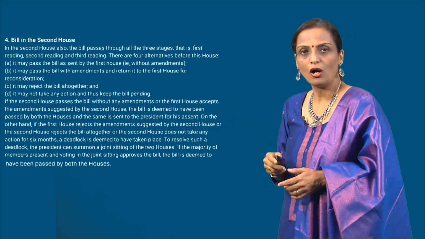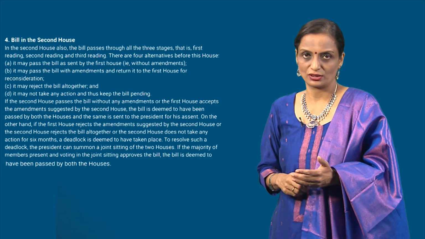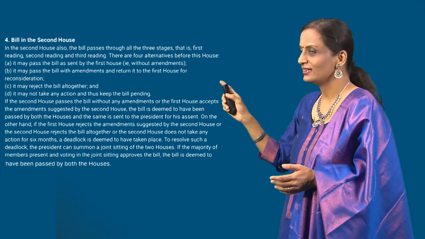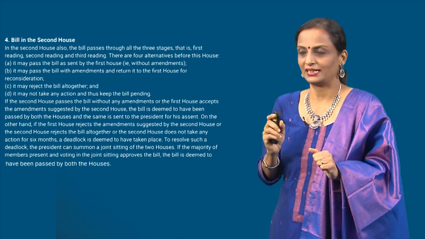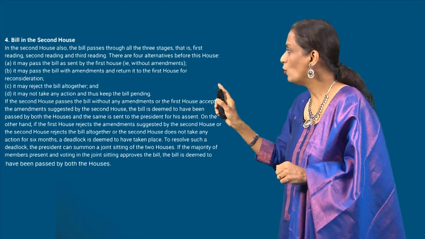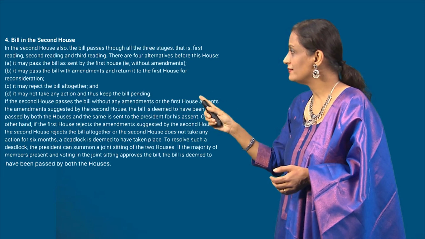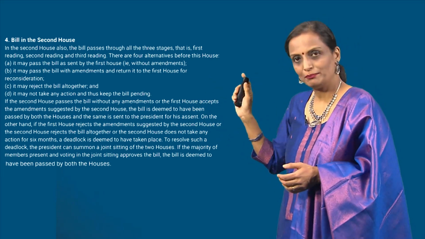In the second house also, the bill passes through all the 3 stages: first reading, second reading, and also the third reading. The same procedure is followed in the second house, and there are 4 alternatives before this house. What are the 4 alternatives? First, it may pass the bill as sent by the first house.